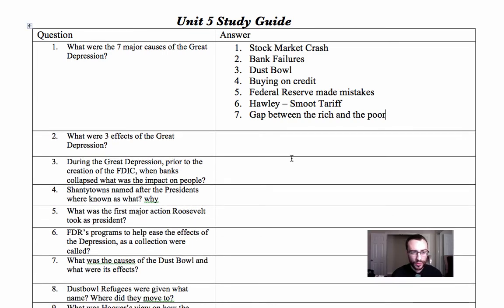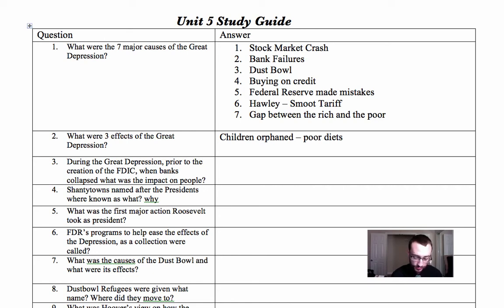All right, number two, what were the 3 effects of the Great Depression? You could put multiple things, but for the test you're going to need to know that children were orphaned. They had poor diets. They were not eating well, of course.